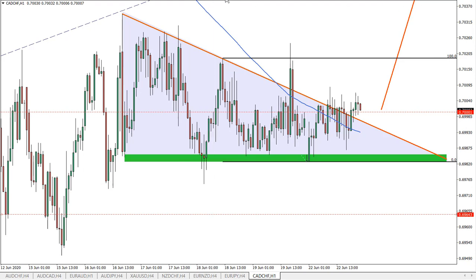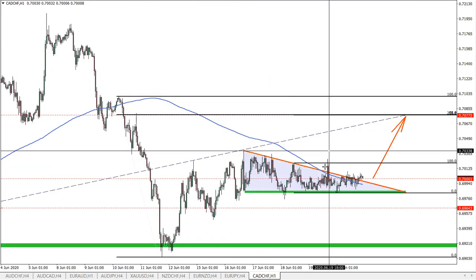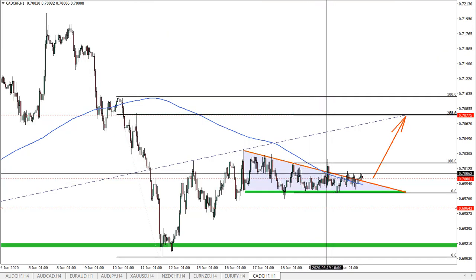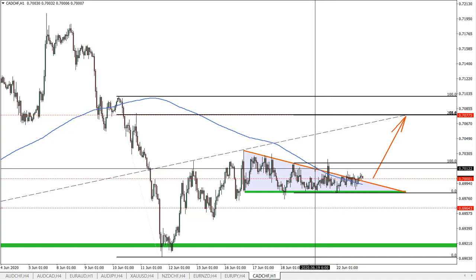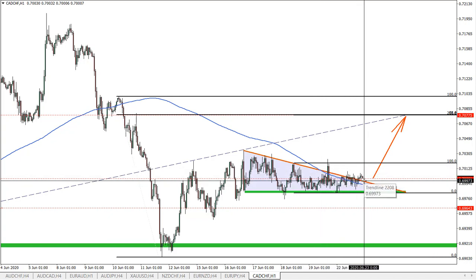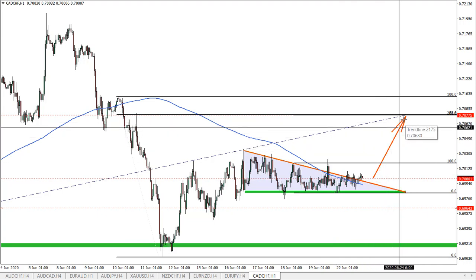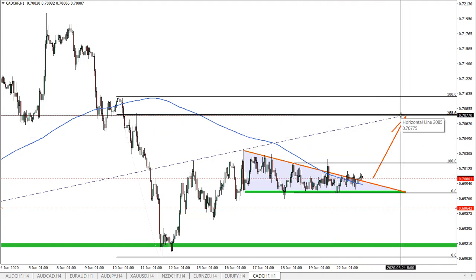And let's zoom it out. So here we have a breakout of the 200 exponential moving average, price broke above along with the triangle pattern. So we have here this potential move towards the Fibonacci resistance level.